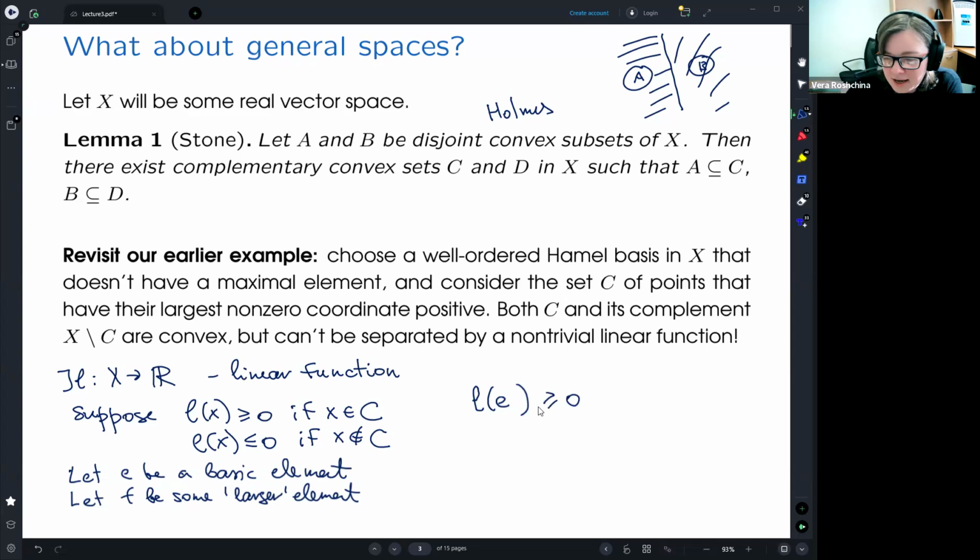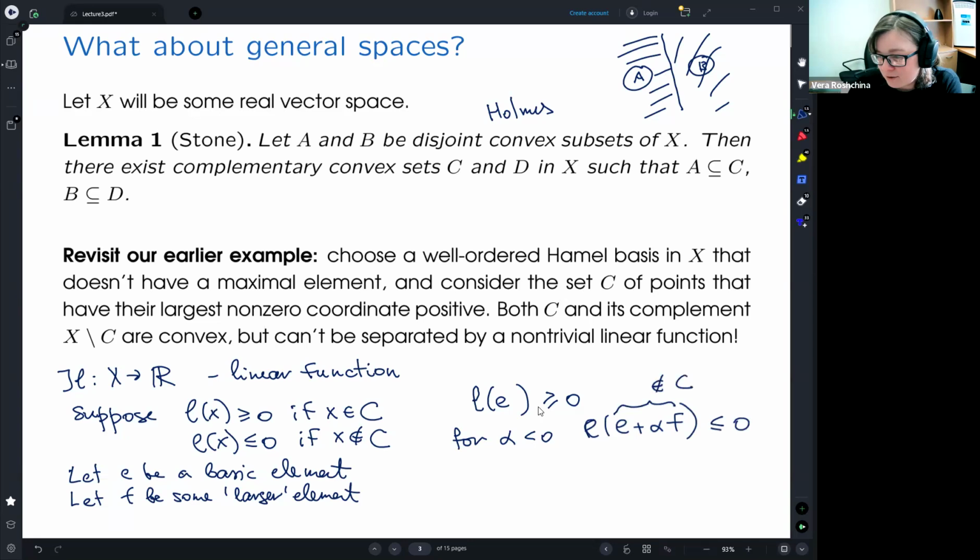Now, if we take this F and add to E with some negative scalar, then for say alpha less than 0, we're going to have L of E plus alpha F. So this guy has negative largest coordinate. So this should be less or equal to 0 because we have separation. So this guy is not in C.